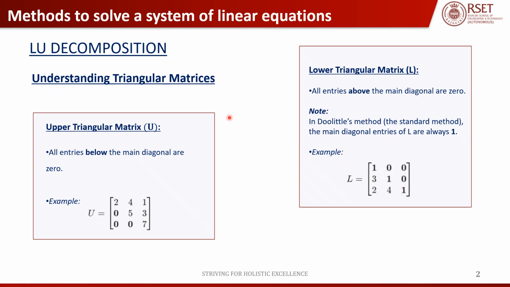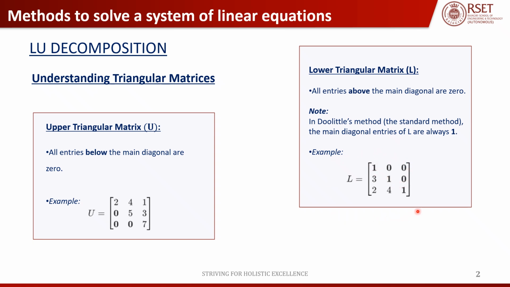In LU decomposition, which is also known as Doolittle's method, the lower triangular matrix we represent like this. That is, the diagonal entries will be 1, 1, 1, and the entries above the main diagonal will be 0.